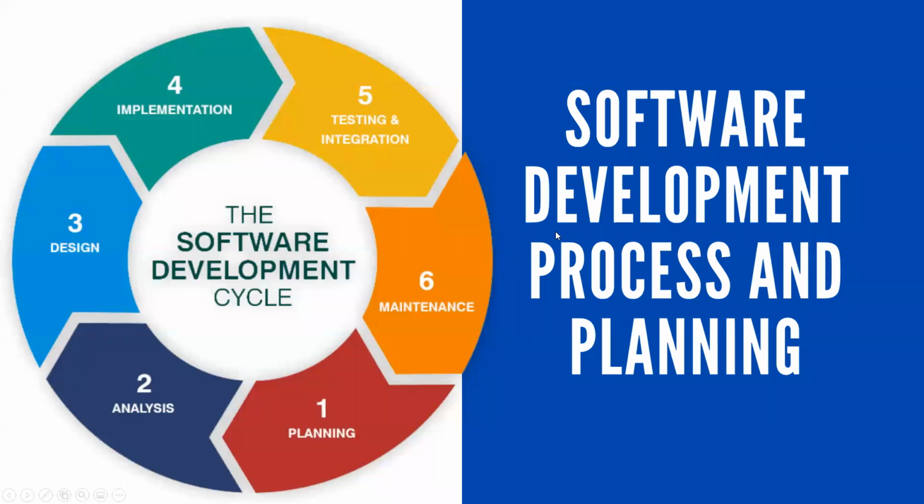Now, as we have seen, the software development life cycle, or software development cycle, as we also saw in the previous lectures or discussions, comes to requirement analysis, planning, design, implementation, testing, and integration, or integration and testing, and maintenance, right?